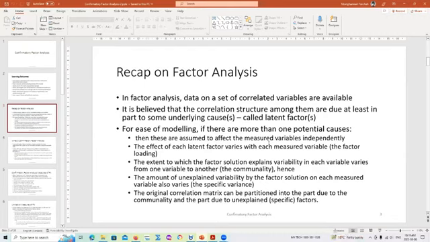If they are themselves correlated, it doesn't help the mathematics of evaluating. So that's why we made the assumption of the factors themselves being independent. So the idea is that if you are looking at the size and shape of a person, they are independent of each other, and the size and shape of a person define the person from independent dimensions. So the effect of each latent factor varies with each measured variable.